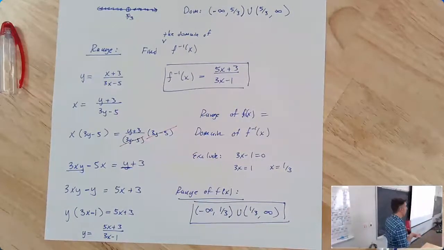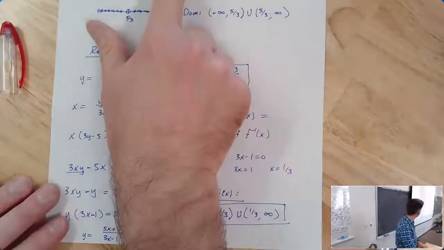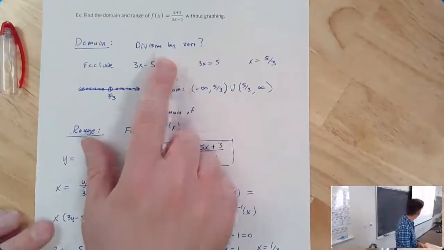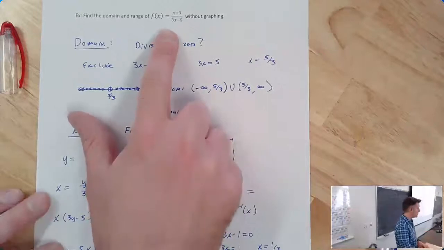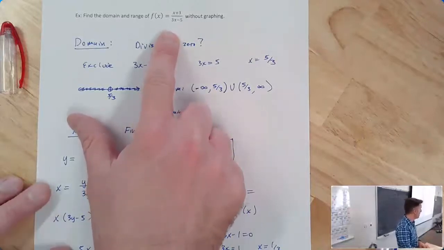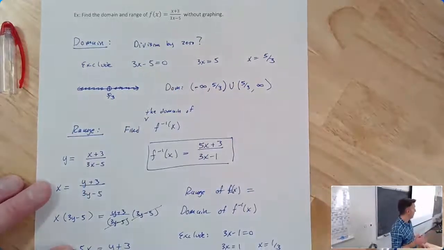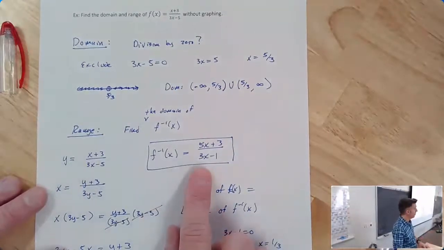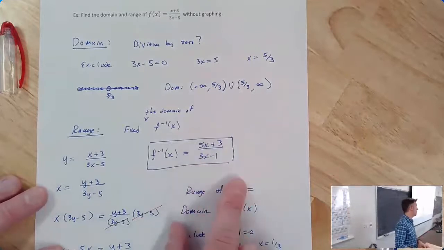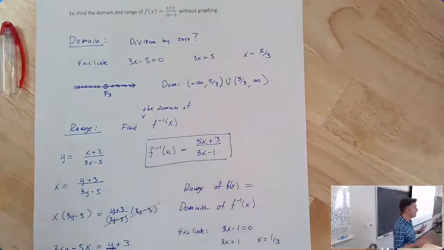It's notable here that this original function, (x + 3)/(3x - 5), has a vertical asymptote at 5/3 and a horizontal asymptote at 1/3. And in this inverse function, we have the opposite. This inverse function has a vertical asymptote at 1/3 and a horizontal asymptote at 5/3, which is typical because, I know I've said it like 100 times, when you have inverse functions, all the x and y things interchange places.